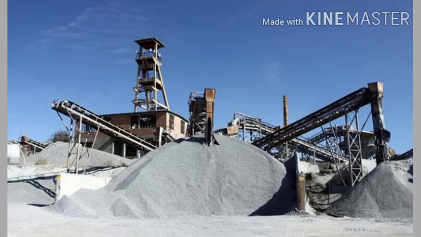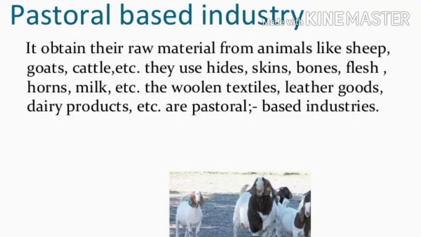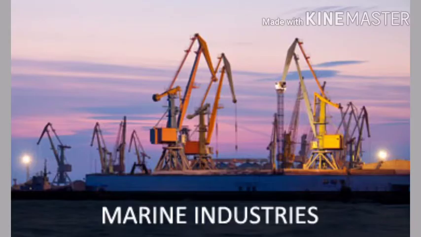A few more industries are there on the basis of raw material, known as pastoral based industries. Industries which depend upon animals for raw material are called pastoral industries. As examples, milk, meat, leather and wool. These are some examples of pastoral based industries. Students, one more industry is there which is known as the marine based industries.